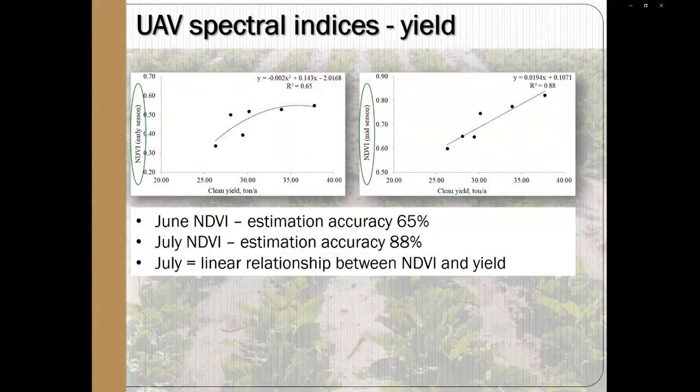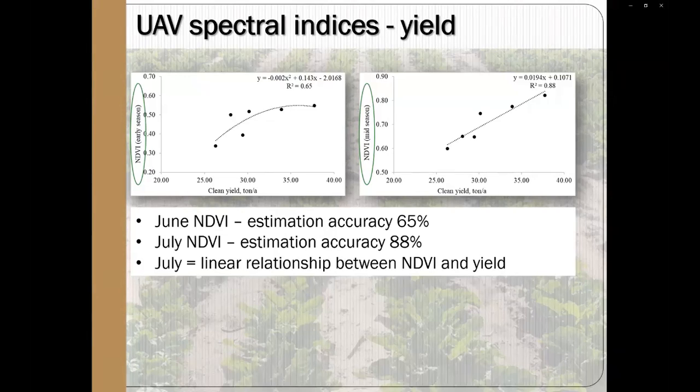These graphs show the relationship between sugar beet root yield and NDVI values obtained early in the season in June, which is shown on the left, and later in the season, in July, shown in the right figure.